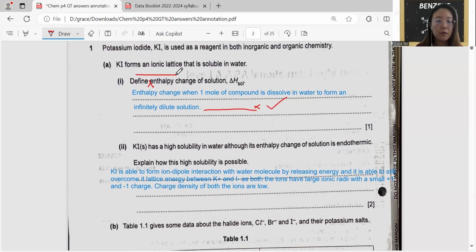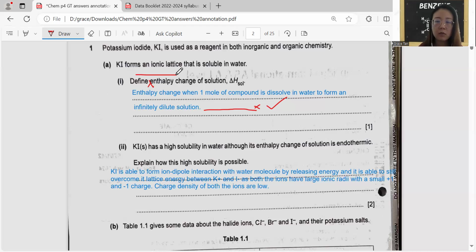Number 2, potassium iodide has a high solubility in water, although its enthalpy change of solution is endothermic. Explain how this high solubility is possible. Now, if you obtain an enthalpy change of solution that is endothermic, basically it means that you need to put in heat, then only that 1 mole of solid is soluble in water.